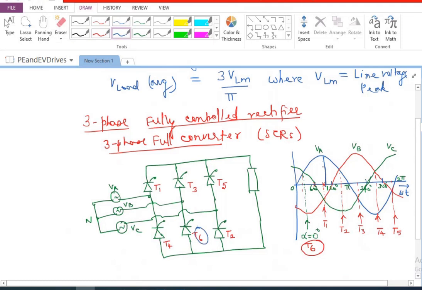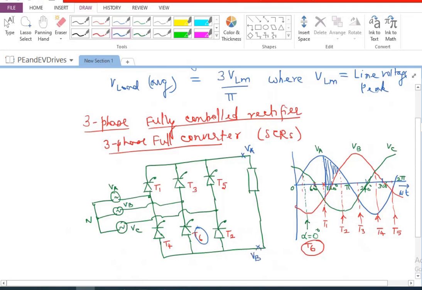So between these 2 points, whatever is the voltage, that should be coming up as the output voltage, because when T1 is fired, I will have VA connected here, and when T6 is already conducting, I will have VB coming up here.